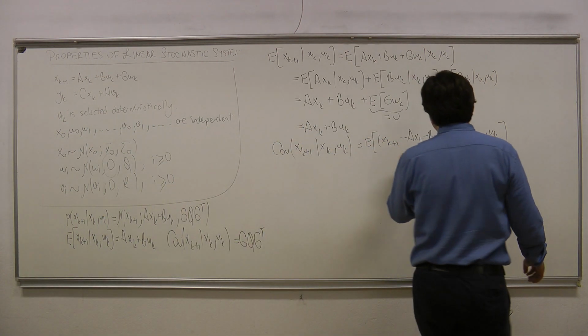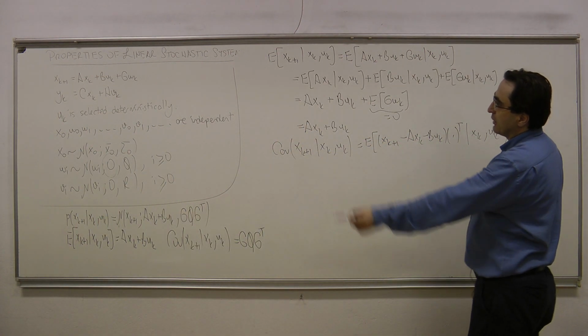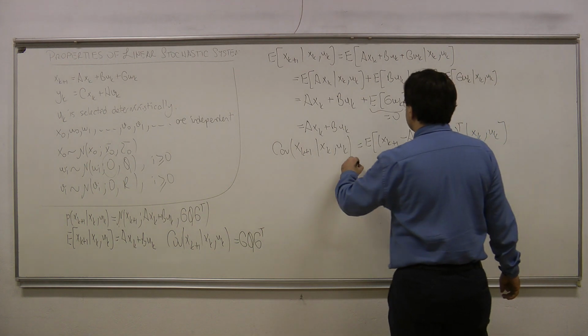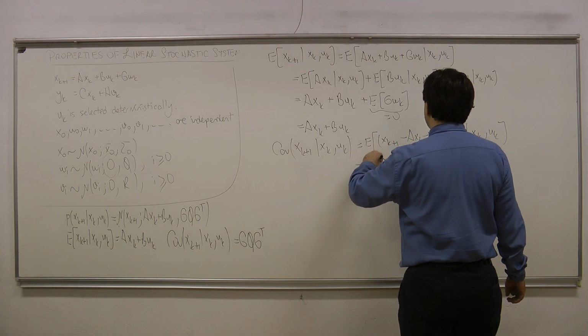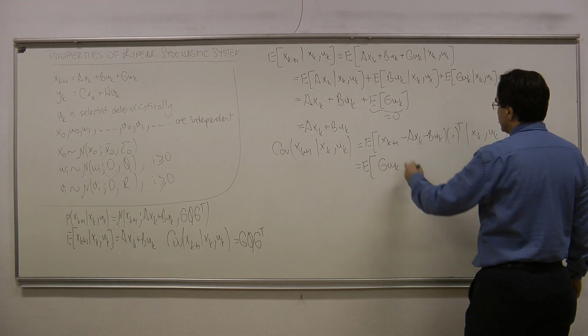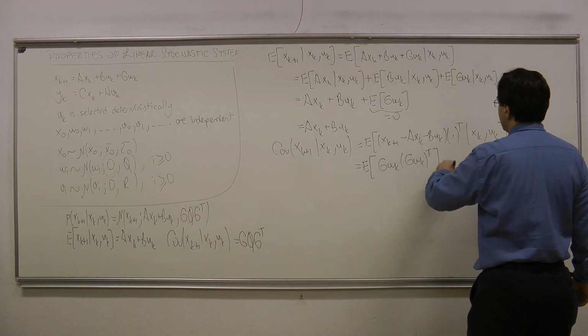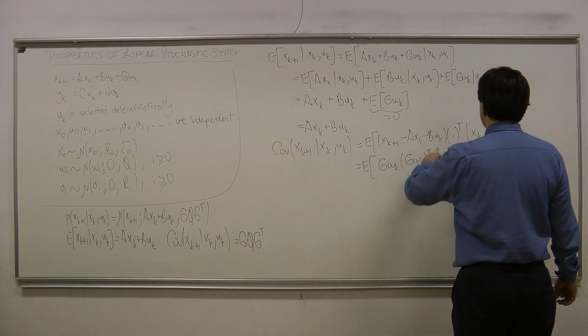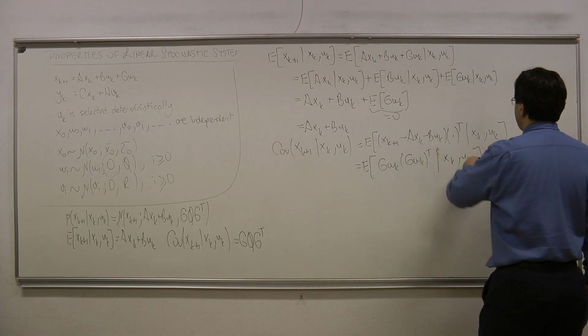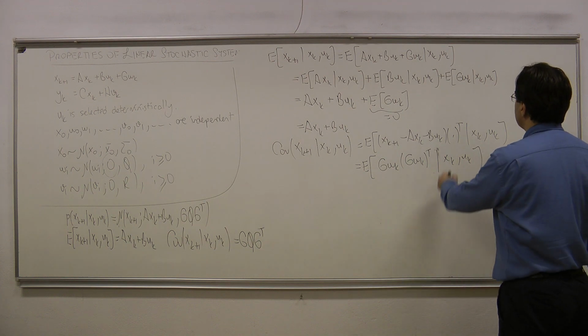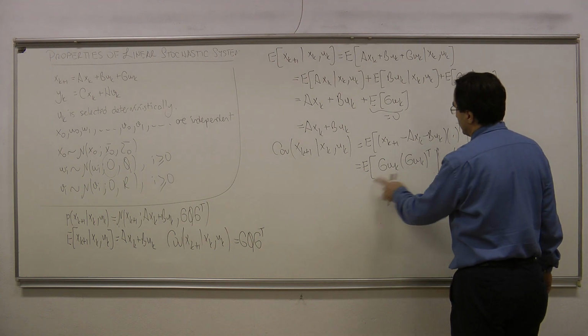If I subtract A x_k plus B u_k from x_{k+1}, you see that we are going to get the expected value of G w_k times the same thing, G w_k transpose. And I have in the given condition x_k and u_k, but we know that these conditions do not mean anything for w_k.